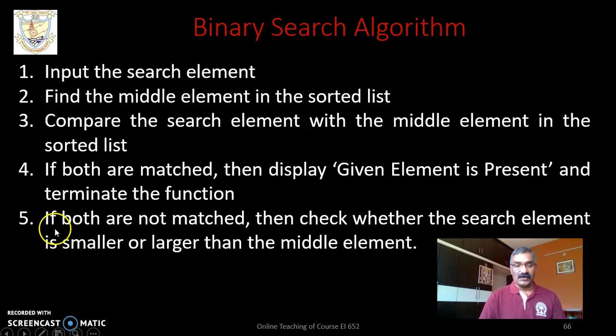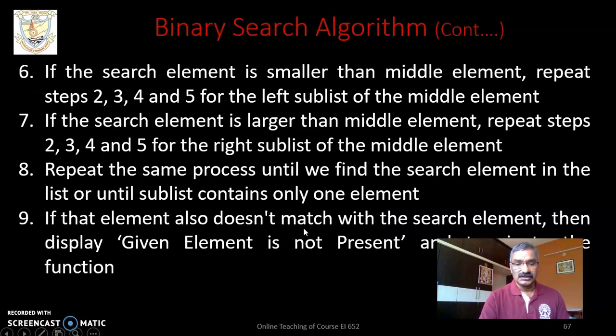That is in step number 5. If both are not matched, then check whether the search element is smaller or larger than the middle element. So the middle element is very, very important, as it decides whether the sublist to be checked next is present prior to the middle element or after it. Let me see the next step.